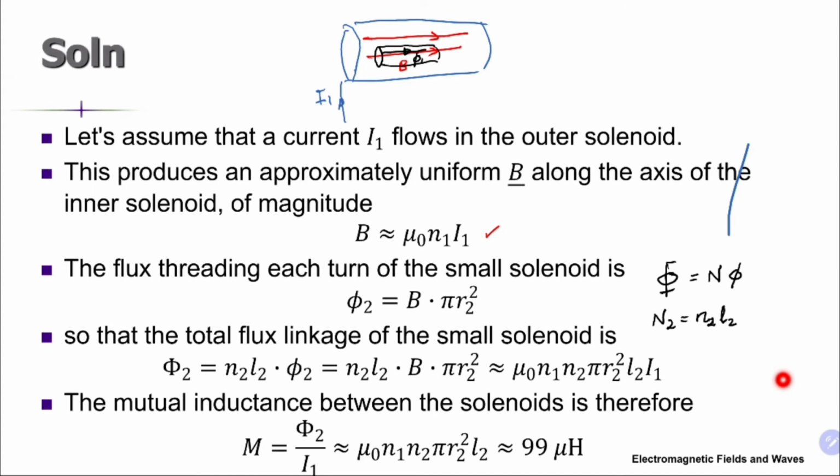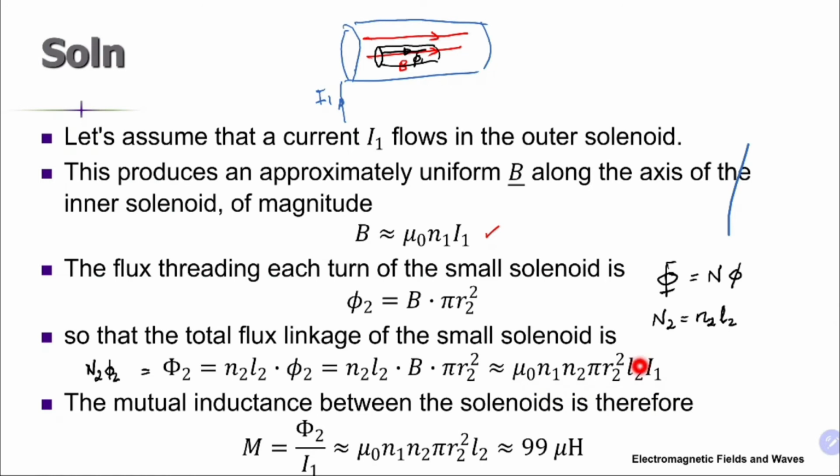Okay, so this is equal to N2 times phi 2. So putting in the value of phi 2 and the value of B, which is here, that gives you this long equation here. And then the mutual inductance simply equals the flux linkage divided by the current.